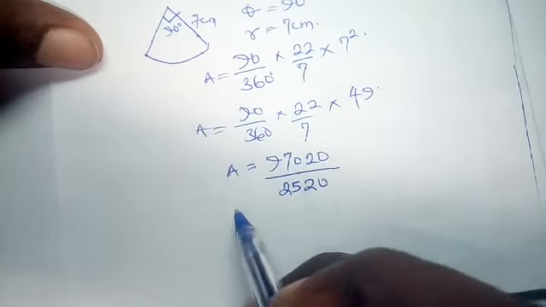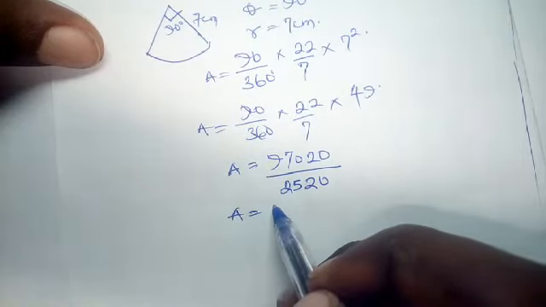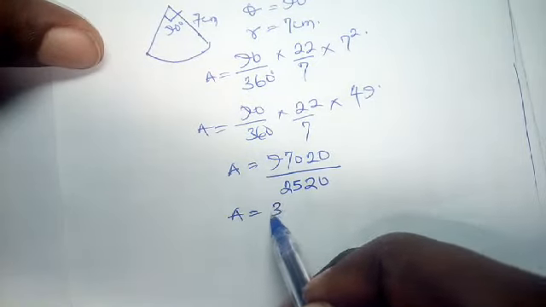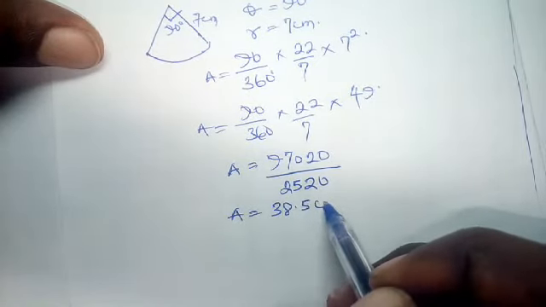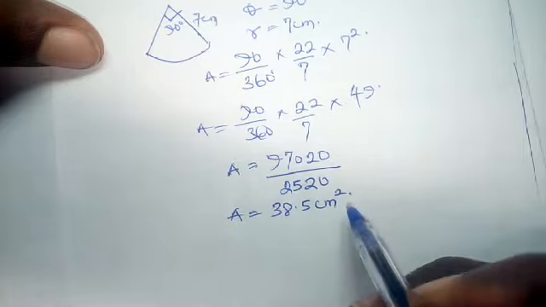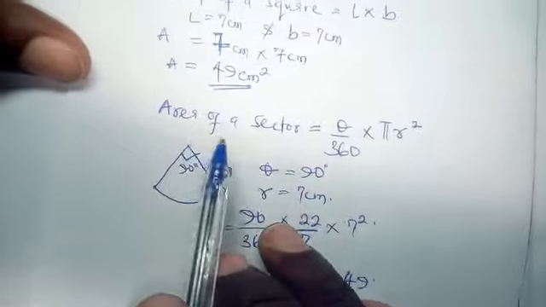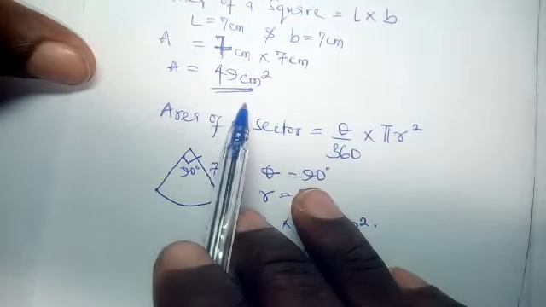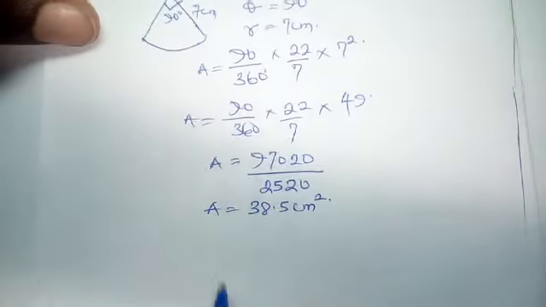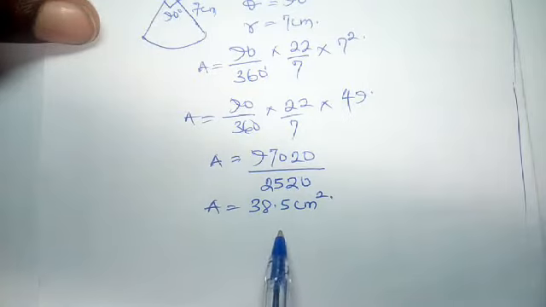And when we divide this, we'll be having 38.5 centimeter squared. Now, having obtained the area of the square as 49 centimeter square and the area of a sector as 38.5 centimeter square.